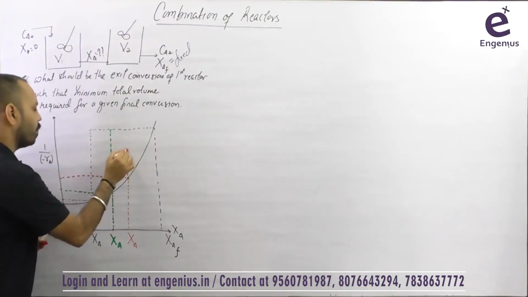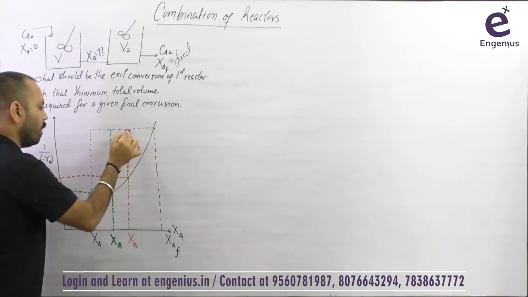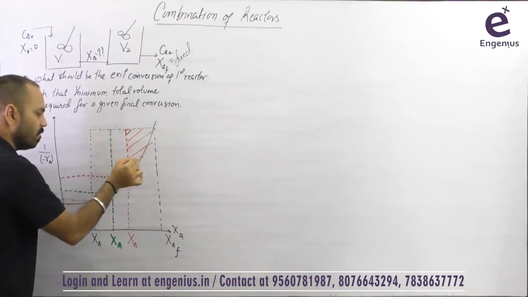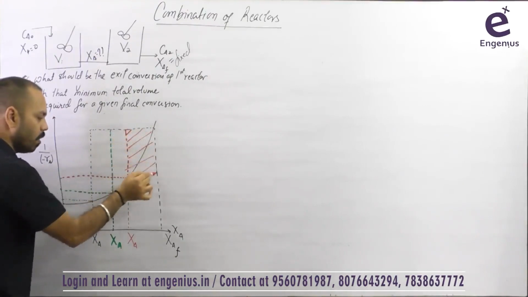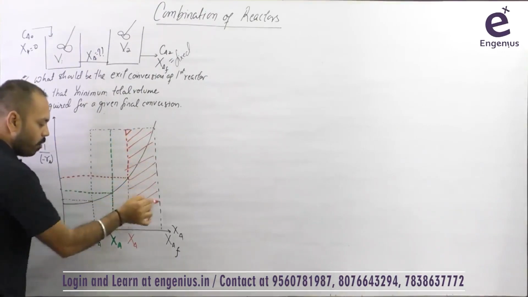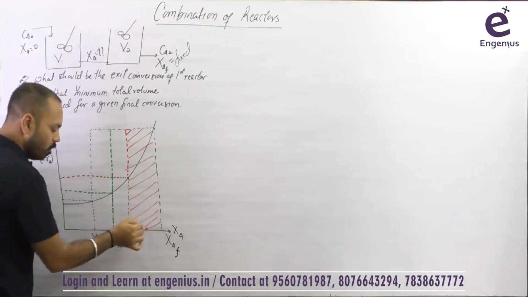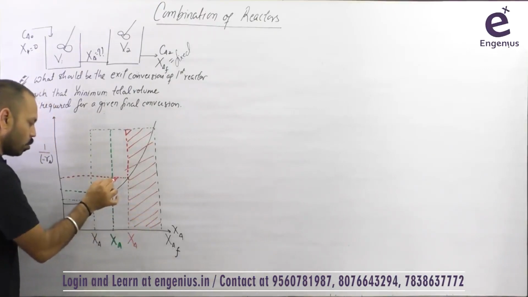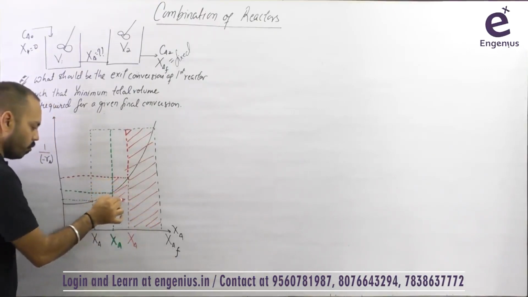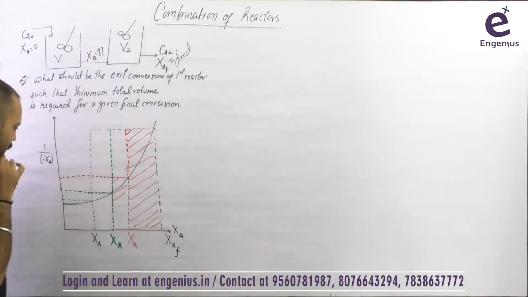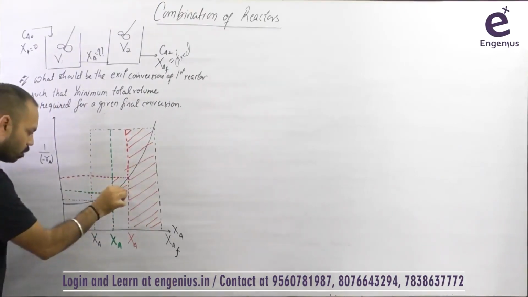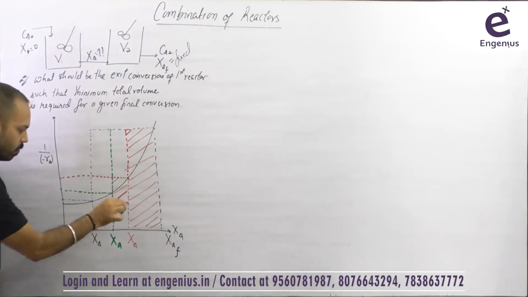And then this. So like this there are infinite possibilities. You can have the intermediate conversion at any point, and then the total volume of the reactor. I hope you will be able to make this graph, and then the total volume of the reactor should be like this.